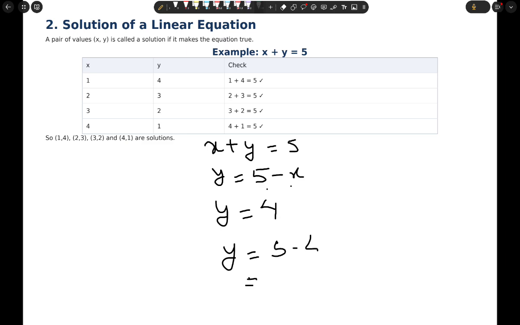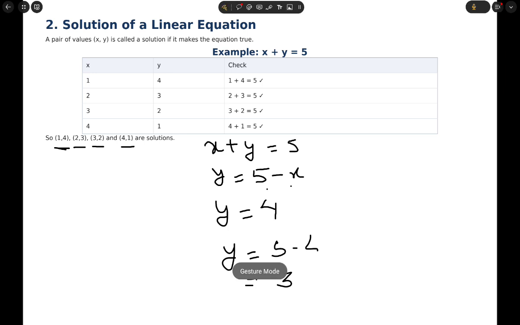And so on, we'll get values of the linear equation of two variables: when x is equal to 1, y is equal to 4; x is equal to 2, y is equal to 3; x is equal to 3, y is equal to 2; x is equal to 4, y is equal to 1, and so on.